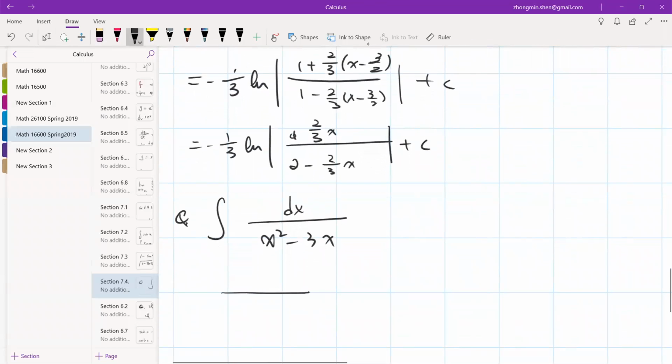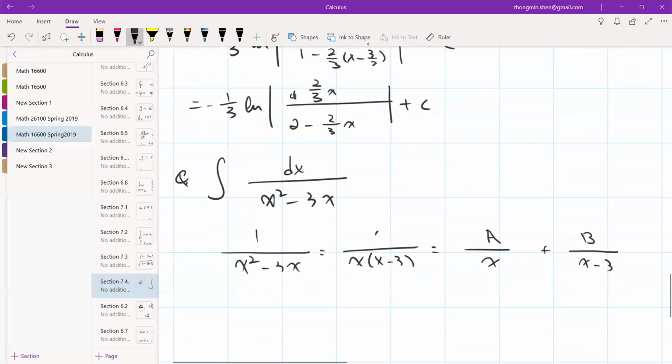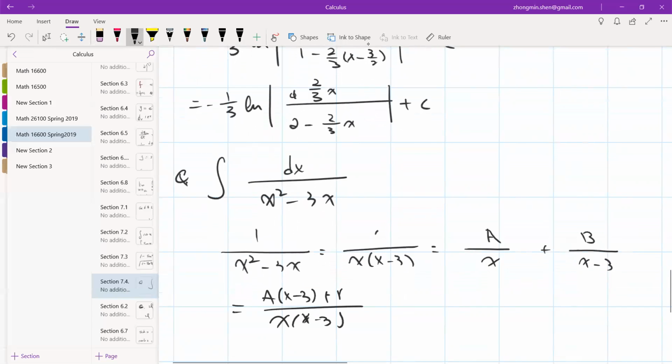I can always guarantee you this can be separated into two forms. One is x, other one is x minus 3, but we don't know the constants yet. We have to figure out the constant, okay? And how do you determine the constant? You combine them again. It's going to be a times x minus 3 plus b.